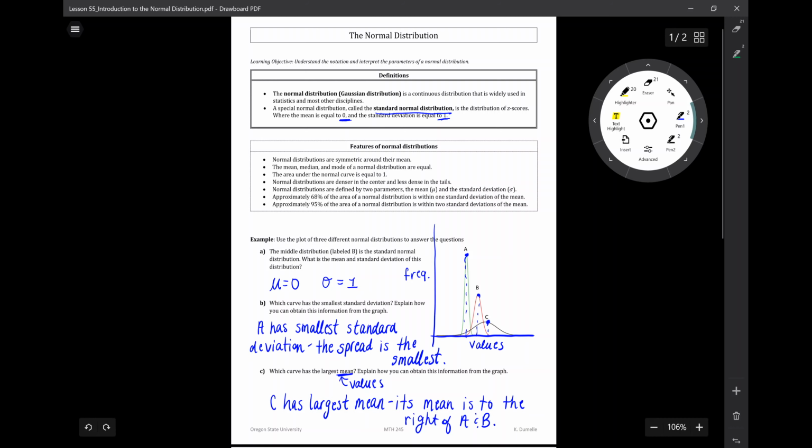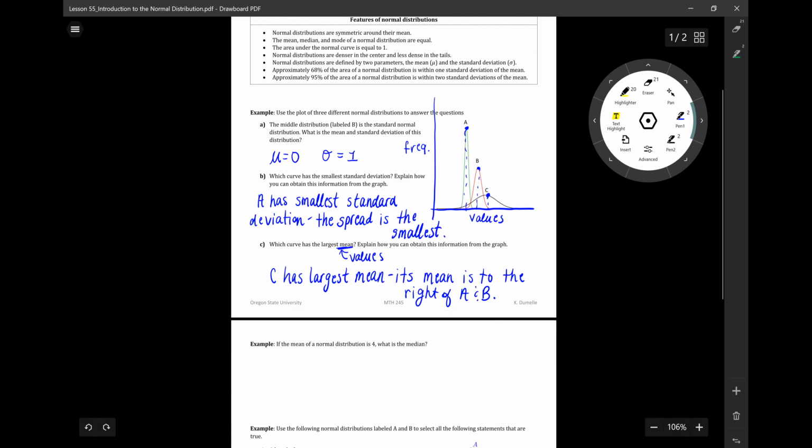All right, let's go on to another question. If the mean of a normal distribution is 4, what is the median? Well, something really important about normal distributions is that the mean and the median are always the same. So if the mean is 4, then the median also has to be 4.